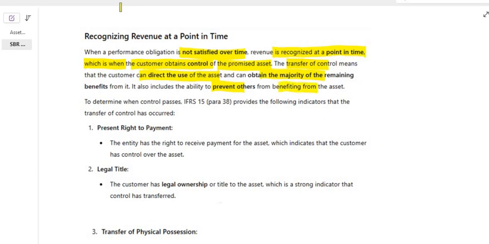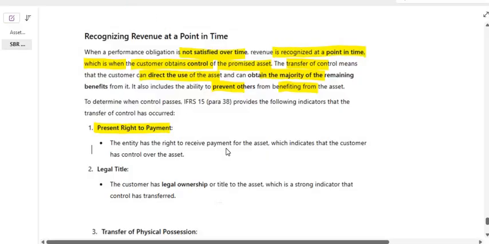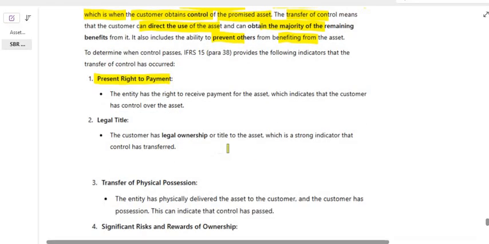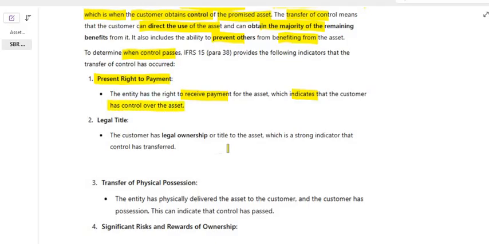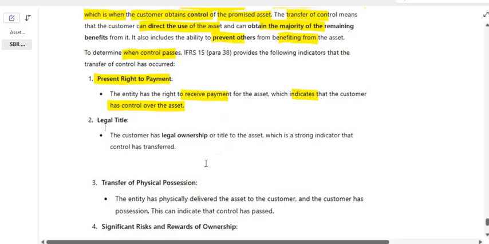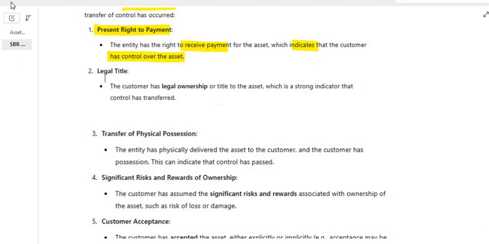Now here are some indicators that the control is transferred. One is present right to payment. This means that the entity has the right to receive payment for the asset, which indicates that the customer has control over the asset. Clear? The second one is legal title.